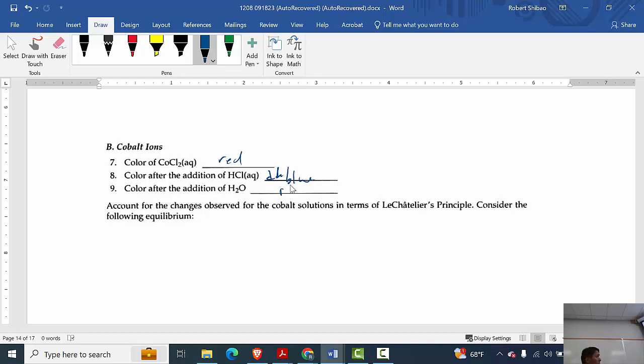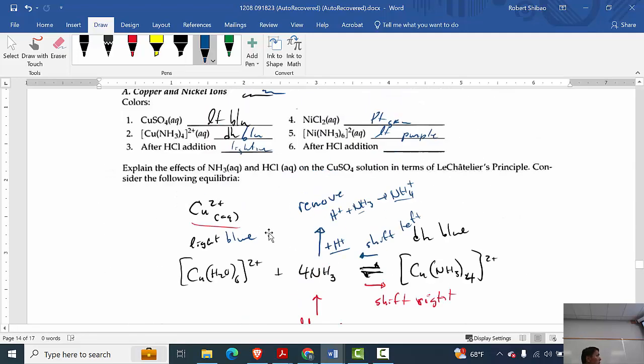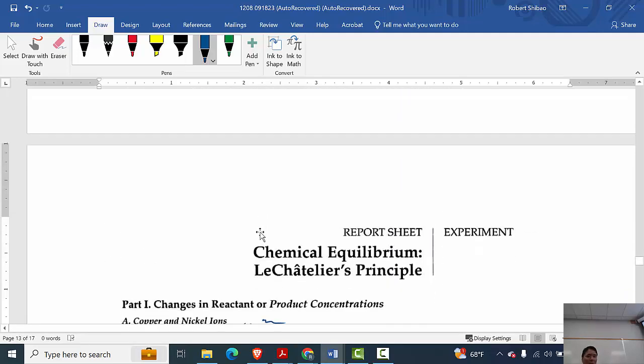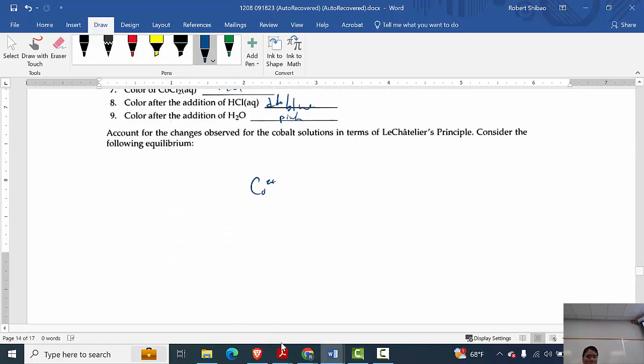Pink. Account for these changes for the cobalt solution in terms of Le Chatelier's principle. So for cobalt, we form a chlorido complex for this. And let's take a look at what that is here in the procedure.